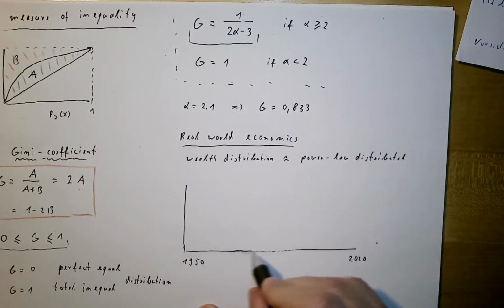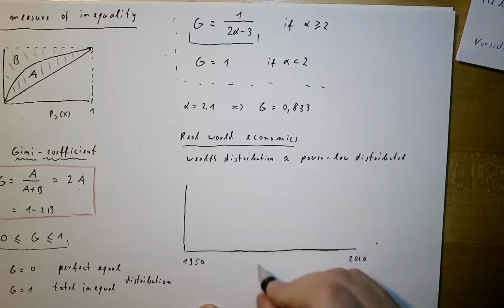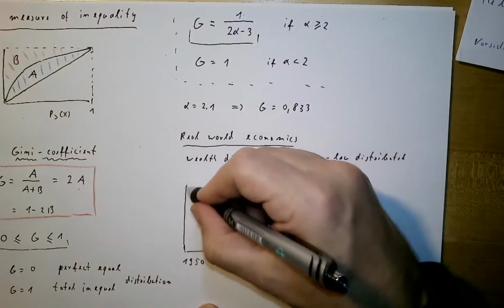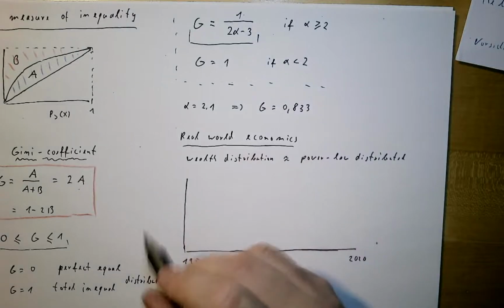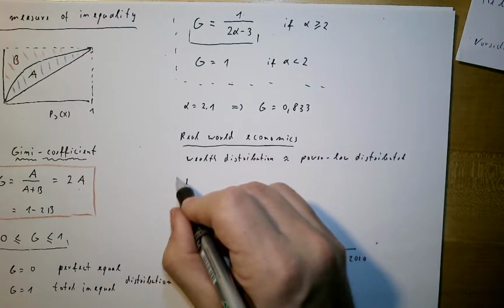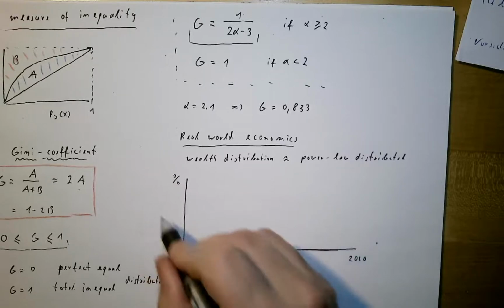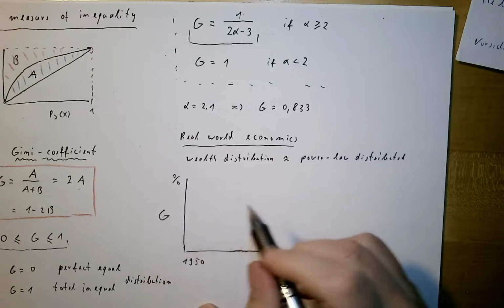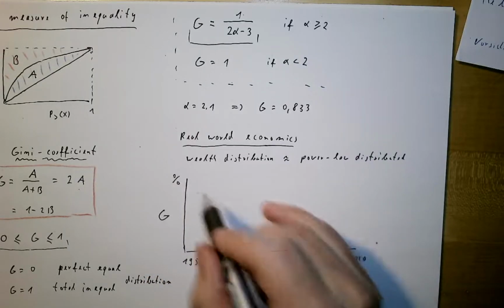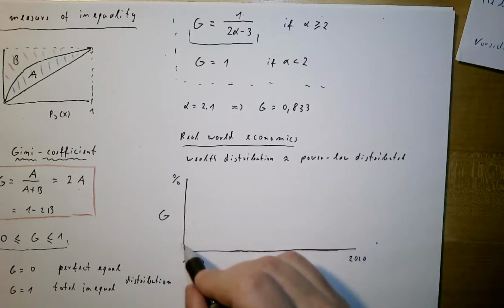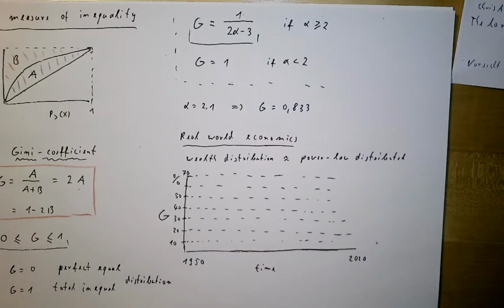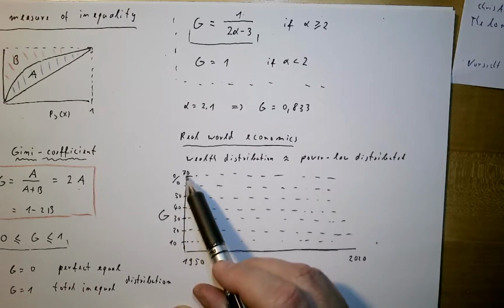That's the time, the year we're interested in, and then we plot here the percent of our Gini. I've prepared this a bit. So typical Gini coefficients range from about 20% to 70%.